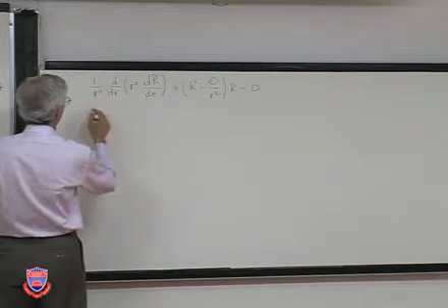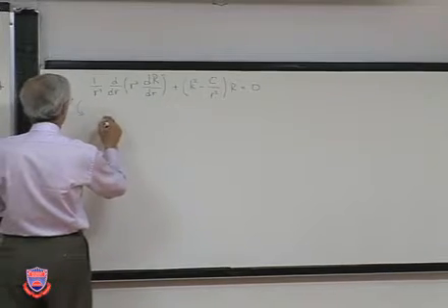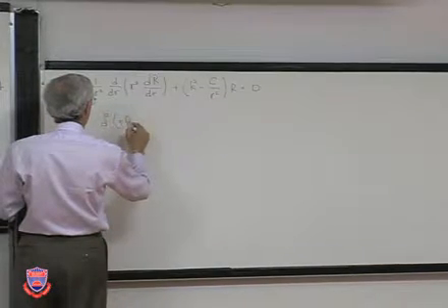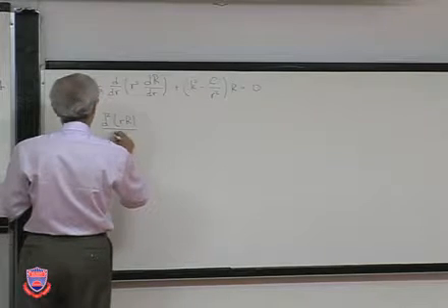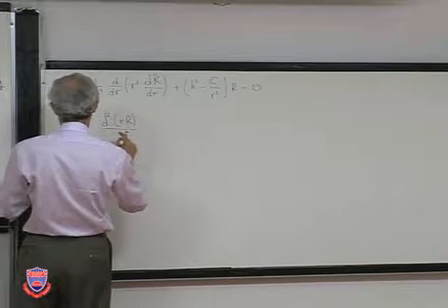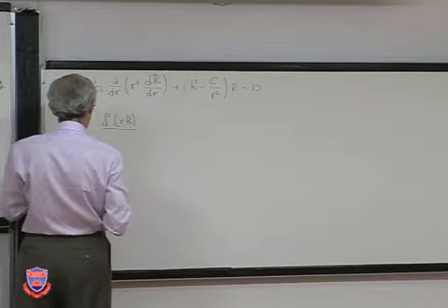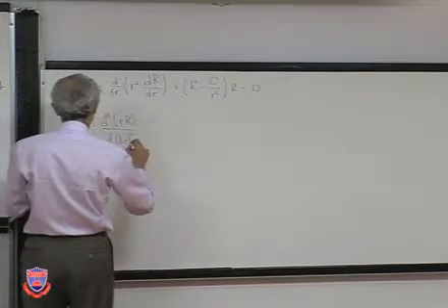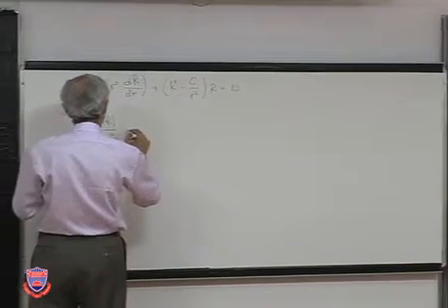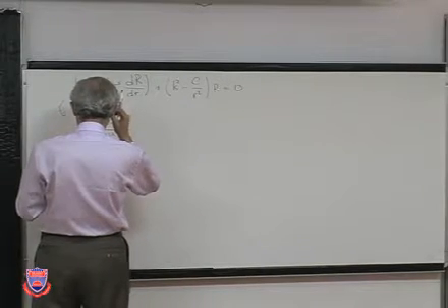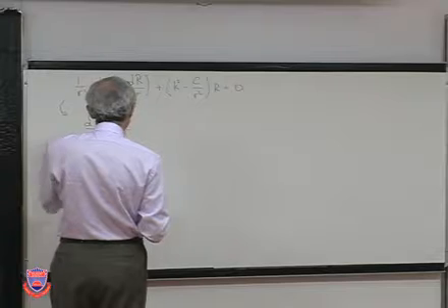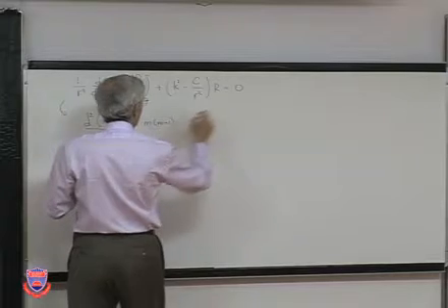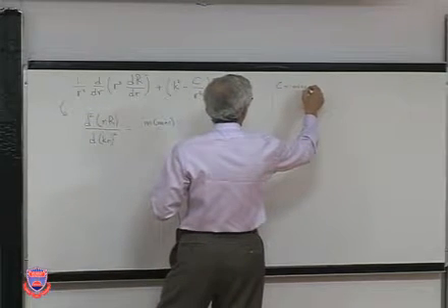We can also write this in a compact form as d squared... remember C we selected as m(m+1).